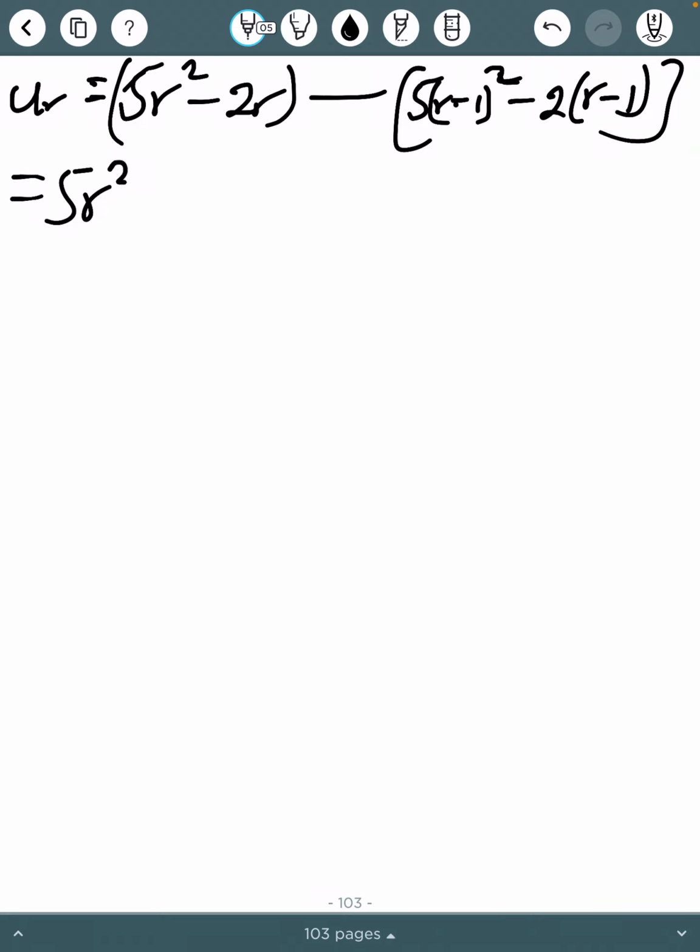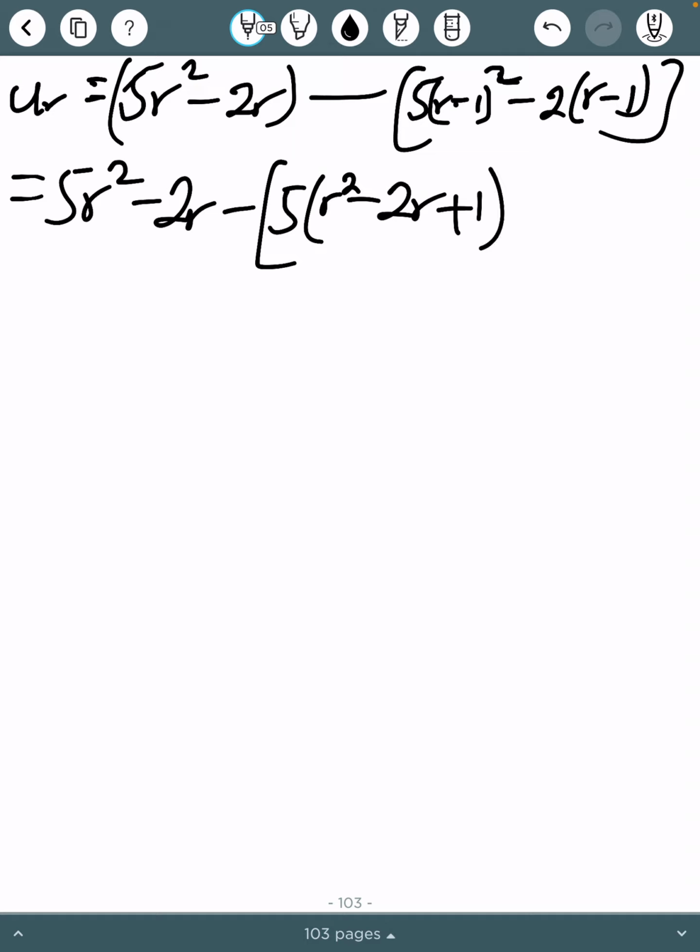So let's now simplify this. This will give us 5r squared minus 2r minus open bracket 5, what is r minus 1 squared? It will give me r squared minus 2r plus 1 bracket closed, minus 2r plus 2, because I'm going to expand this part. Minus 2 times r will give me minus 2r. Minus 2 times minus 1 will give me plus 2. So let's continue simplifying.